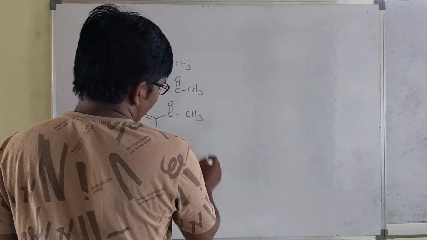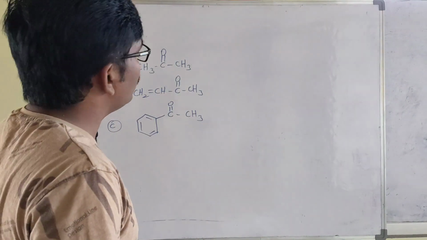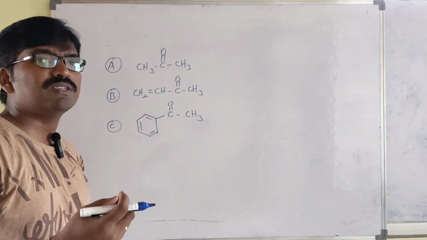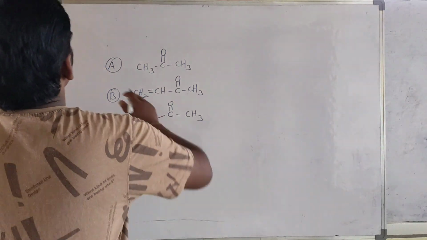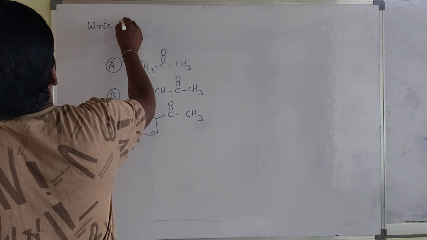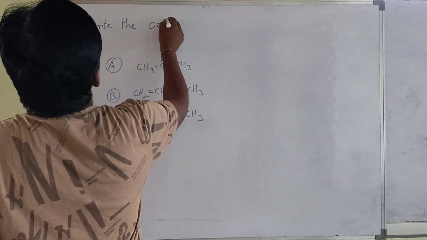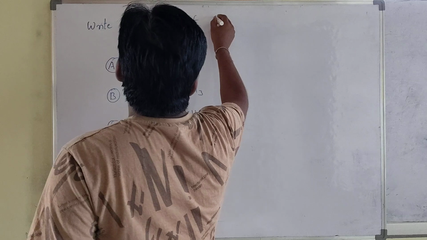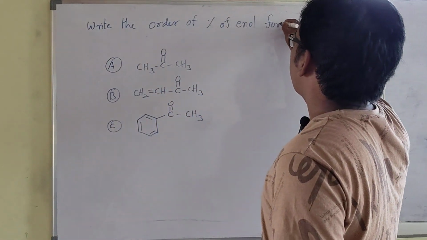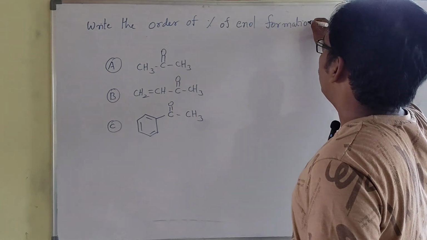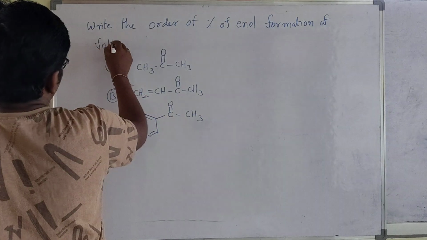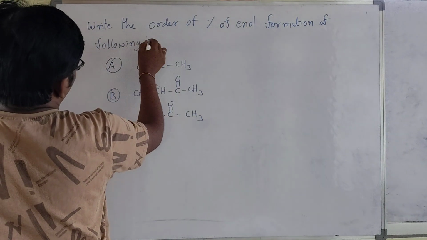All these are ketonic formations. Which of the following compounds can form a higher percentage of enol content? Write the order of percentage of enol formation of the following compounds.